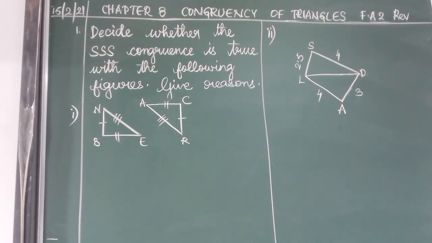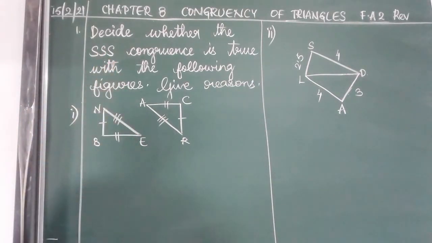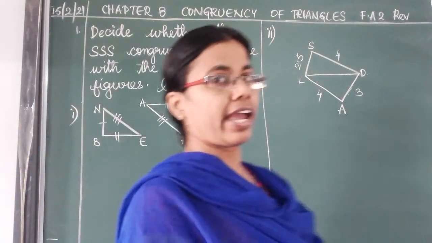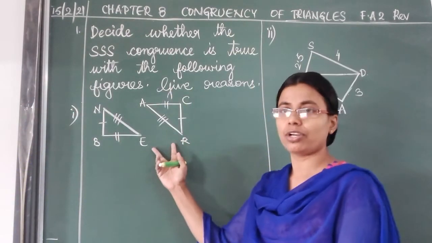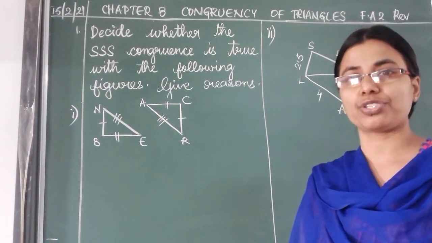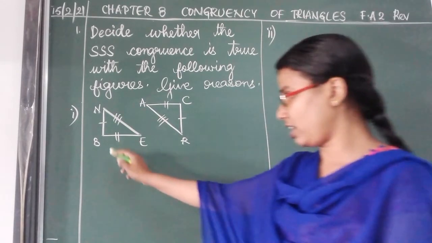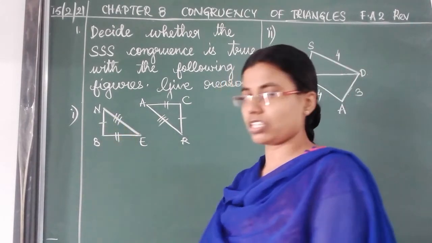So now let's do exercise 1 first problem. Let's read the question. Decide whether SSS congruency is true with the following figures. Give reasons. You are given a pair of triangles where you have to decide whether they are congruent or not. So now in the figure you can see that a marking is given.